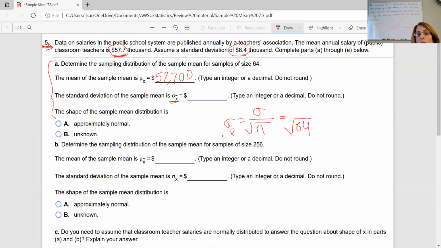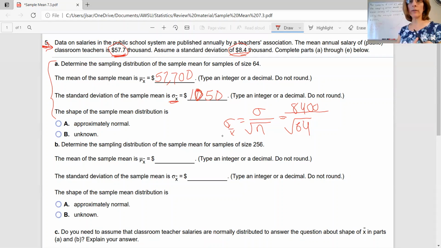And the standard deviation of the parent population is that 8.4 thousand. So we have 8,400 divided by the square root of 64, which is, of course, 8,400 divided by 8, and that ends up to be 1,050. That's supposed to be a 0 there.